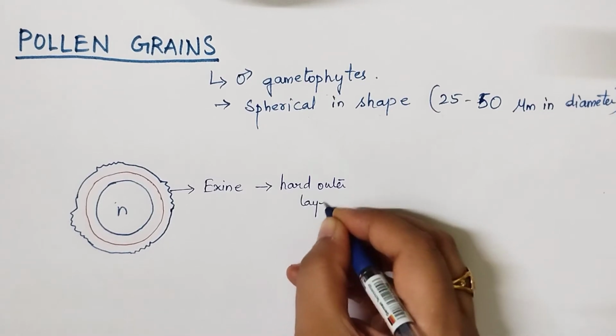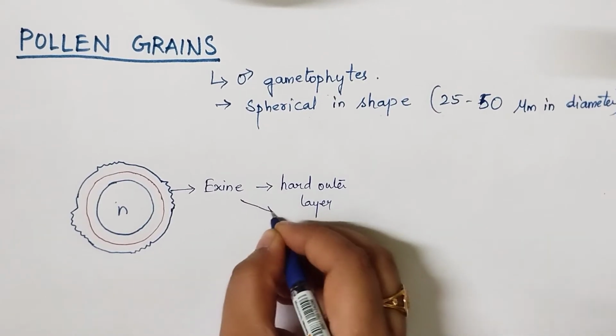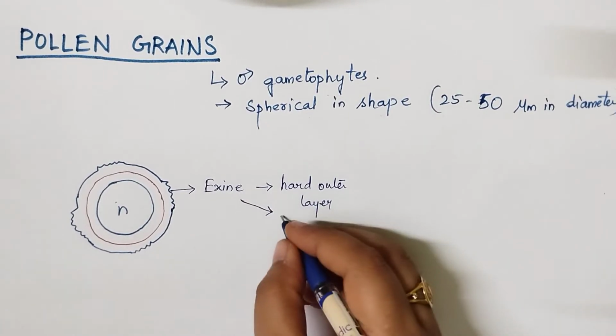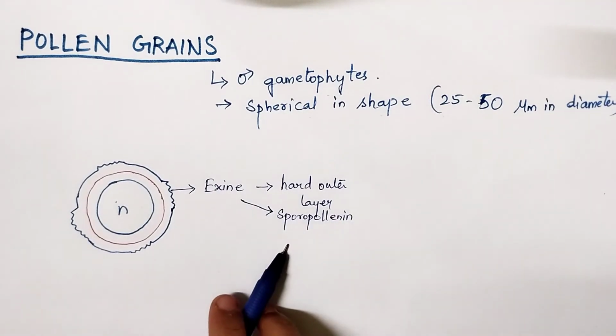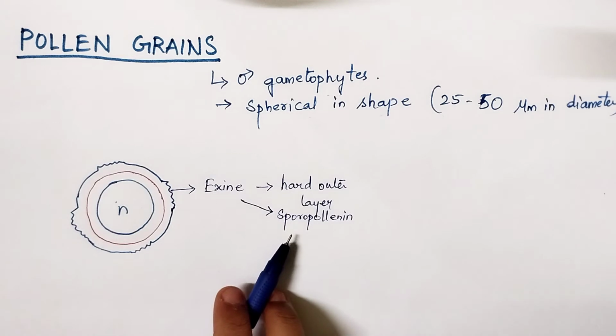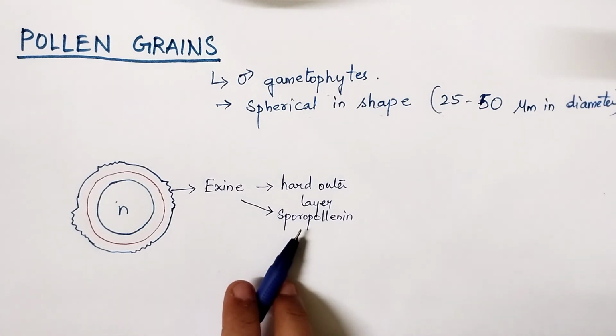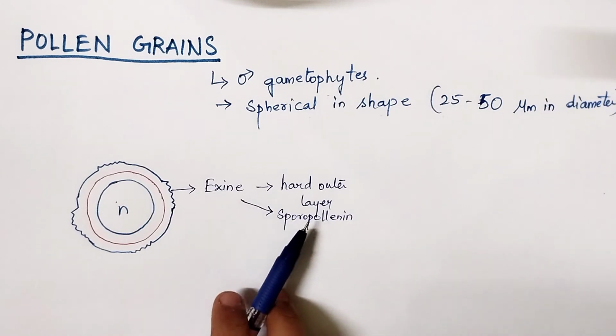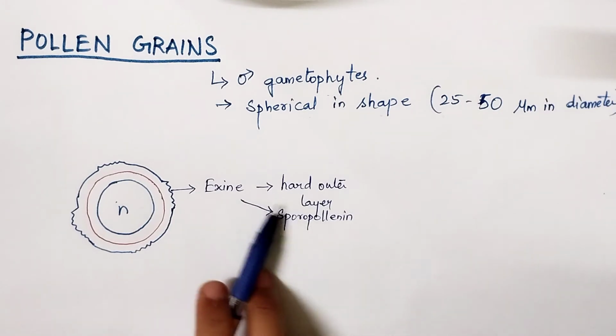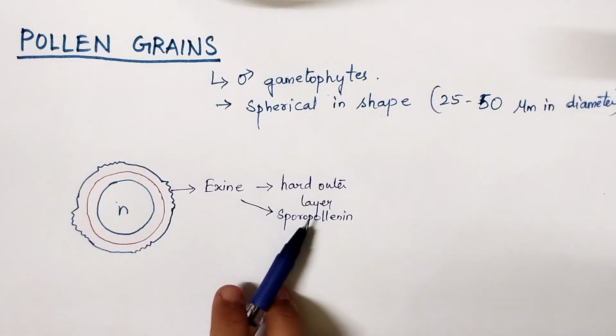This part contains a substance called sporopollenin. Because of the presence of sporopollenin, it is very hard, and it can withstand high temperatures and also strong acids and alkali. No enzyme till now can degrade sporopollenin.